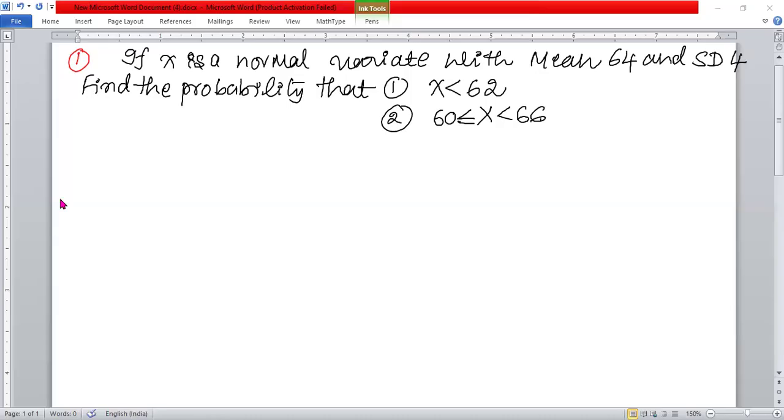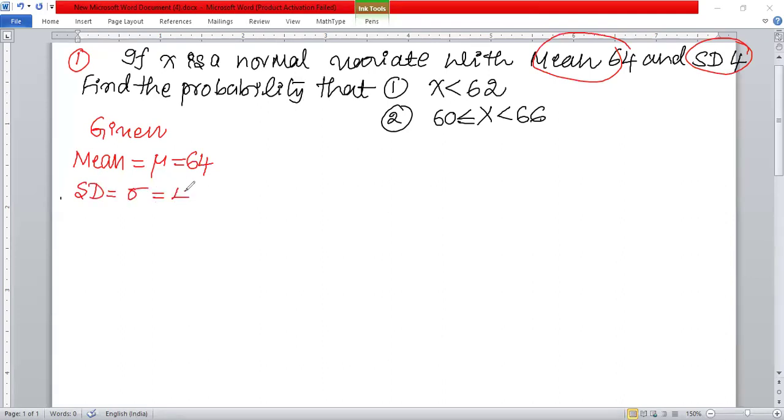Now we are able to write the given first. The mean, that is mu, is equal to 64. The standard deviation is 4, so sigma is equal to 4.